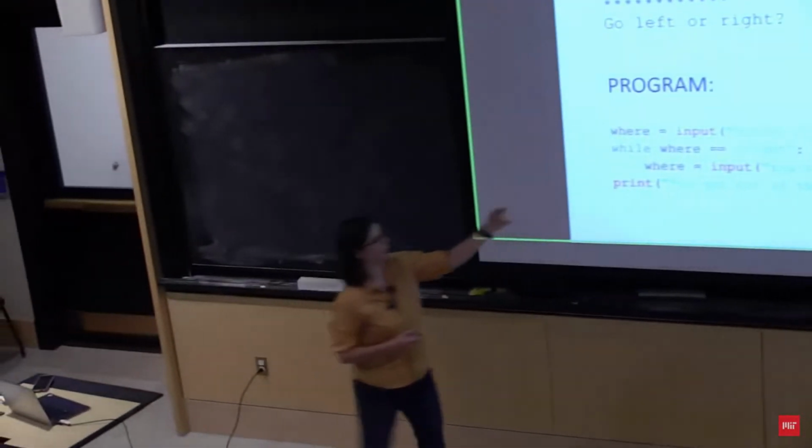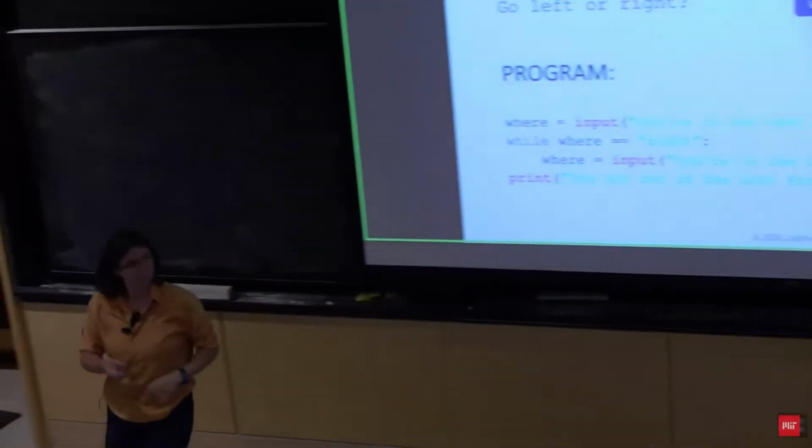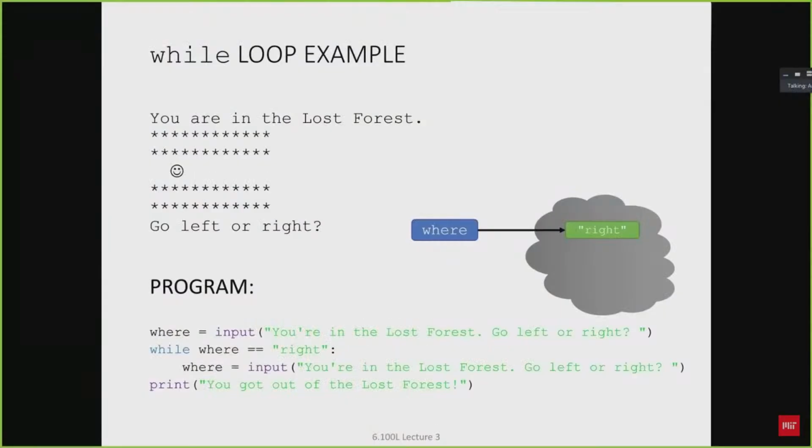We're going to ask the user again, where do you want to go, left or right? So I'm going to say right again, and this memory is going to look exactly the same. If the user keeps typing in right, I keep reassigning the variable where to have the value RIGHT. At some point, the user might type in left, in which case we're going to lose the binding from the variable where to the specific sequence of characters RIGHT, and bind it now to the characters LEFT.